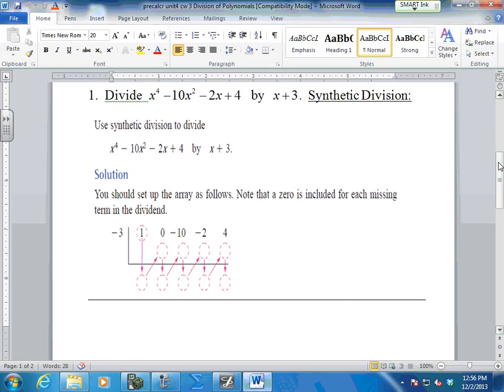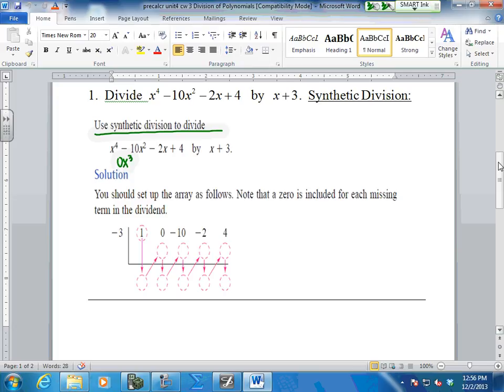It's taking all your coefficients out of here first. But you have to make sure that every exponent is accounted for. Do I have an x to the 4th? Do I have an x cubed? No. So that coefficient will be 0. I need a placeholder. Because isn't anything times 0 gone, right?